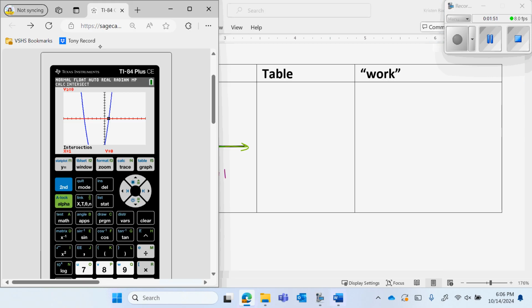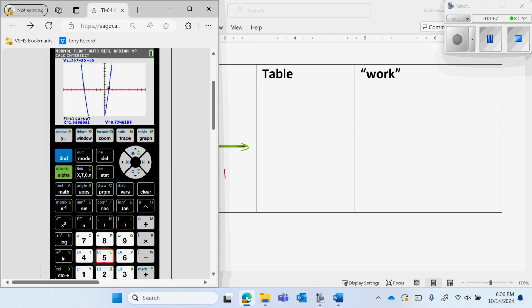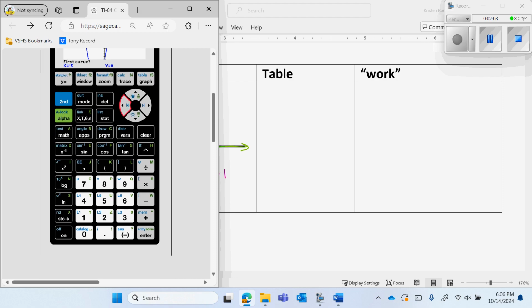Now you're going to go back to your calculator. You're going to do second trace, intersect all over again. You're going to scroll over to the other point of intersection that you want to find, and you're going to hit enter, enter, enter again.